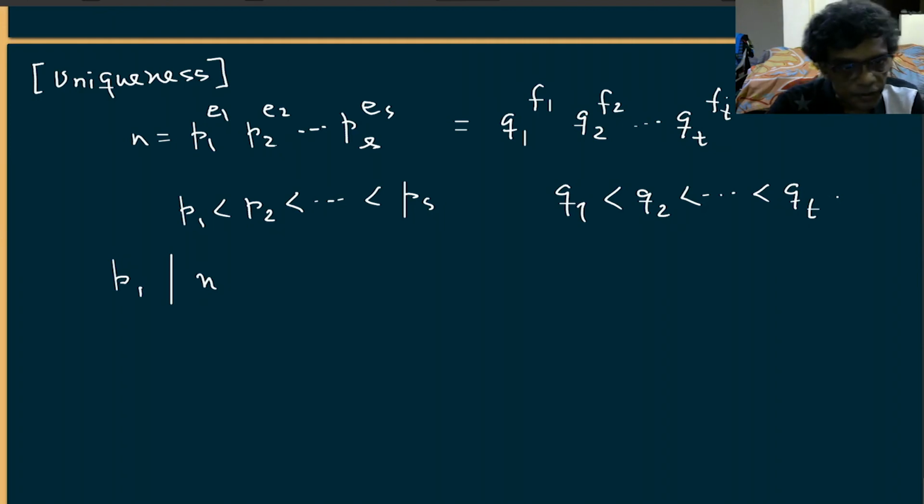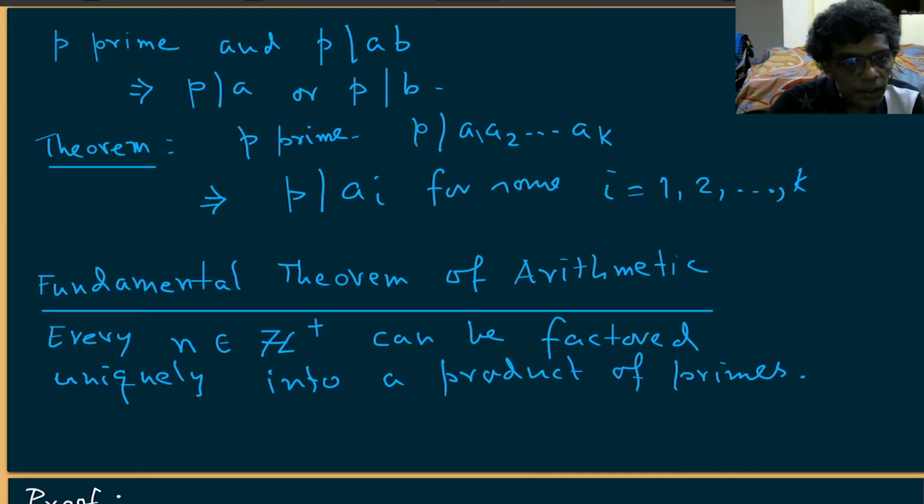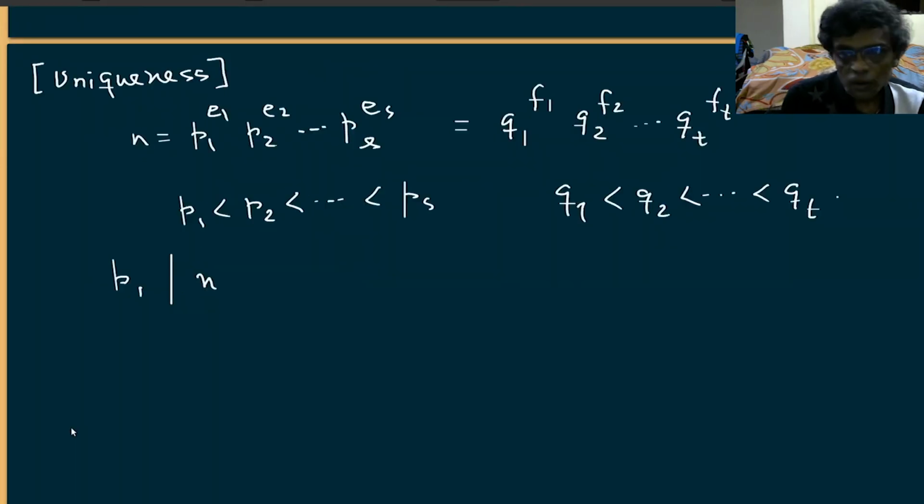Therefore, using the earlier result, if P is prime and it divides a product, it divides at least one of these factors. So P1 must divide some Qj. But P1 and Qj are both prime, so we must have P1 equal to Qj.